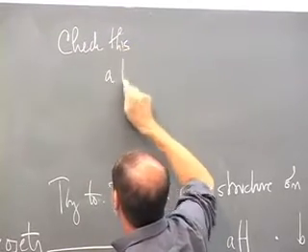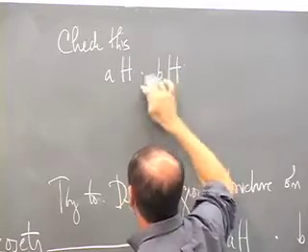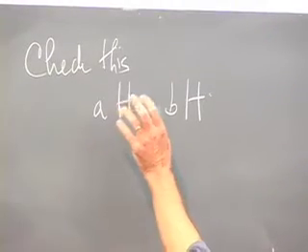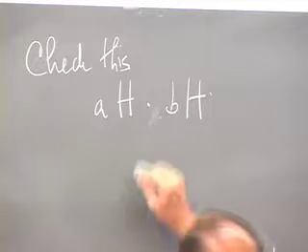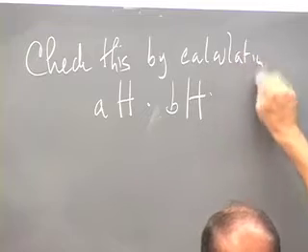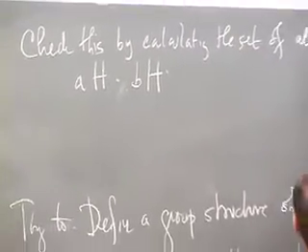Well, suppose we multiply AH by BH in this. And this means, by this I mean take any element in here and multiply it by any element in there as sets. Let's just calculate the set by calculating the set of all products.